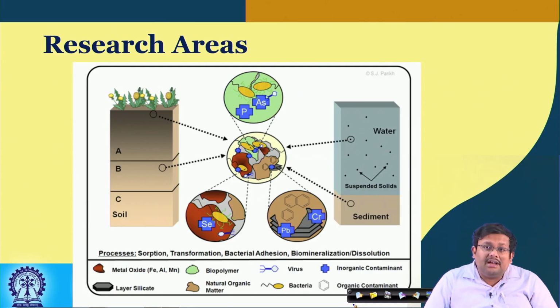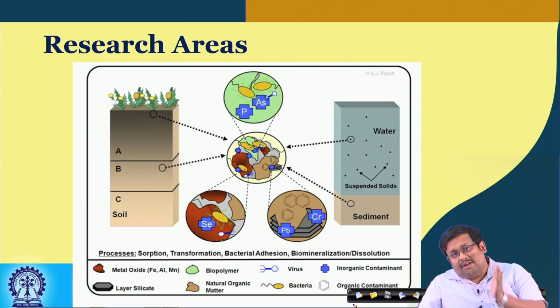So, friends, let us wrap up week 1. In this week we have had an overview of different aspects of environmental soil chemistry. We started with the definition of soil chemistry and environment, and how normal soil chemistry differs from environmental soil chemistry.